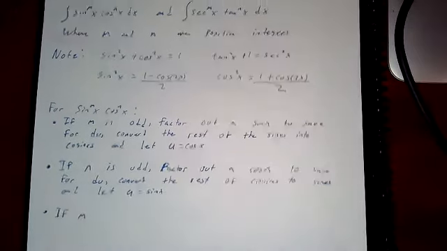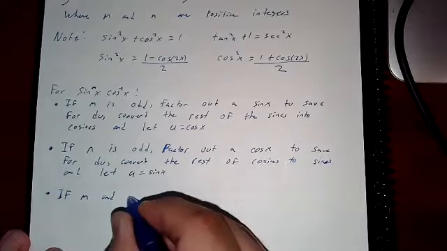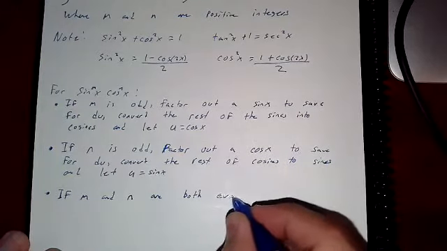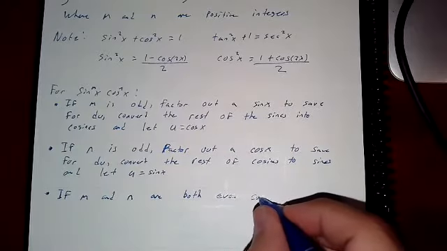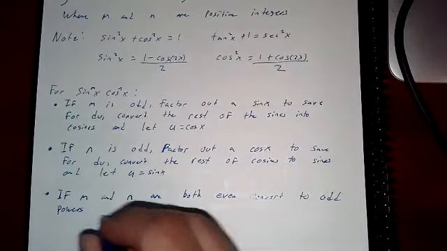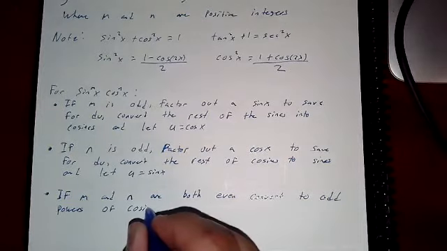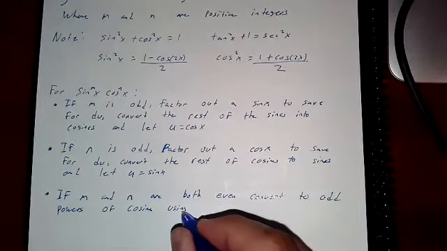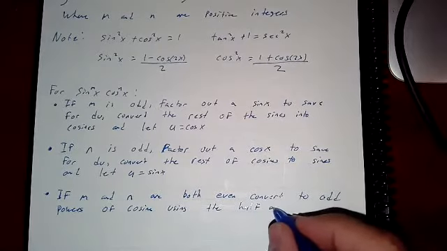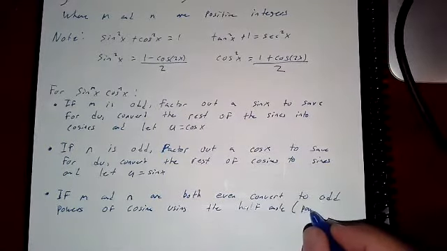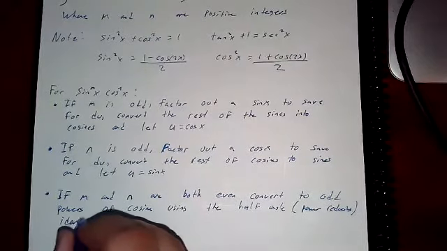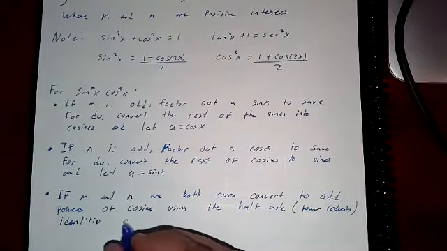If m and n are both even, convert to odd powers of cosine using the half angle identities, also called power reducing, and proceed.